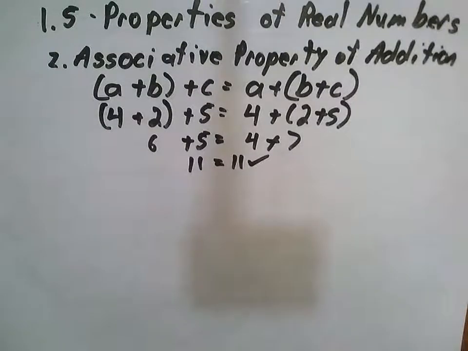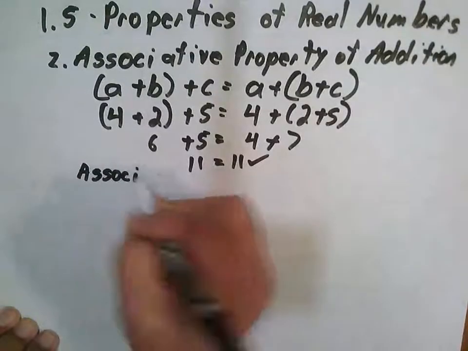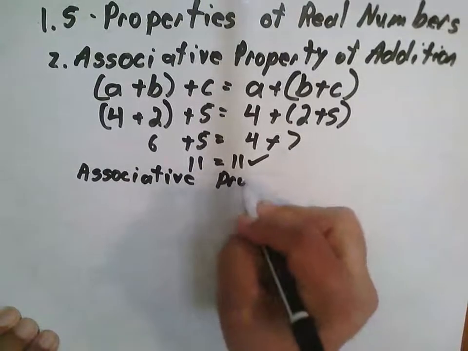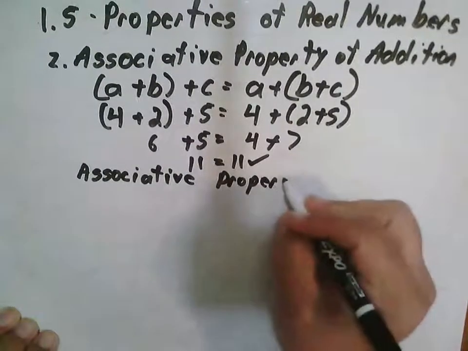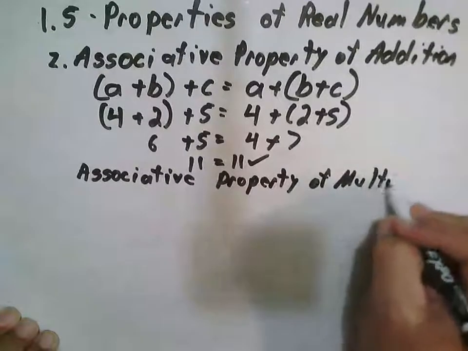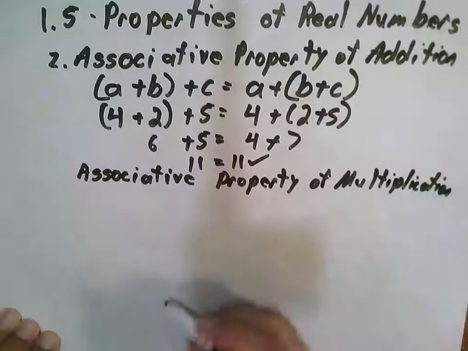Now, it also works for multiplication because there's also the associative property of multiplication. And it's basically telling you the exact same thing.